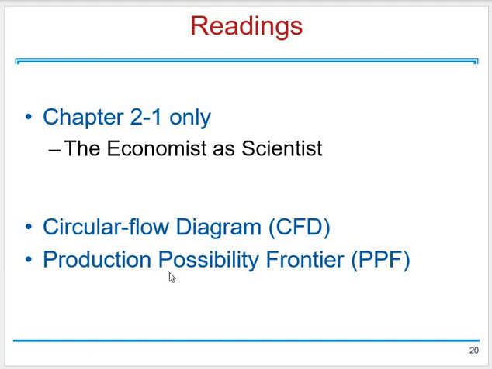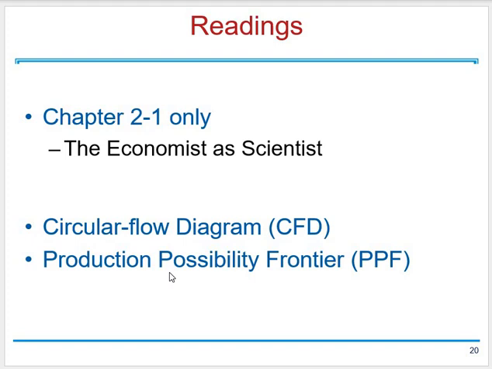Okay. So before you watch this video lecture, take some time to go through the chapter in your textbook, okay? And to have a sense of what are the 2 models. So the first model is called a circular flow diagram, or CFD.